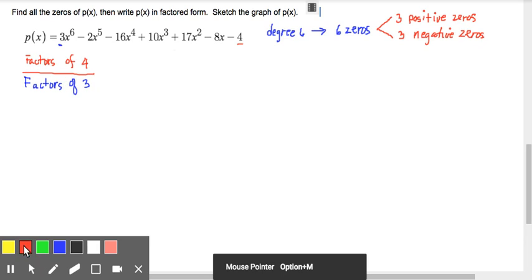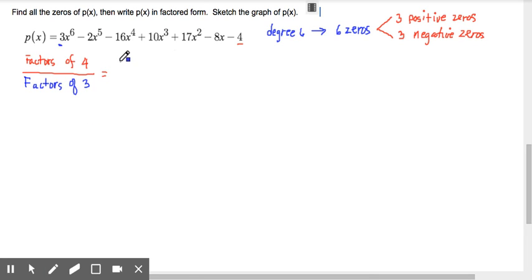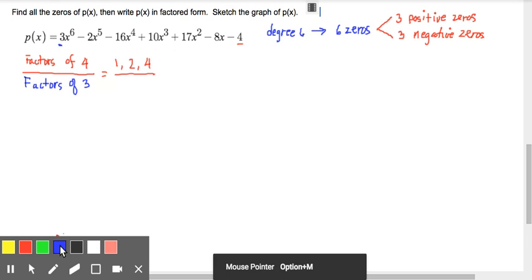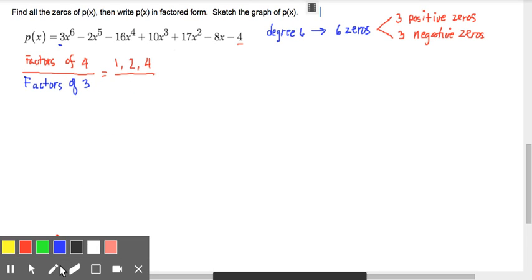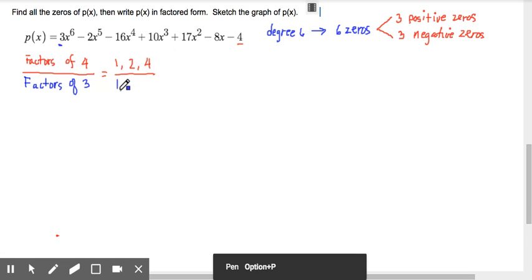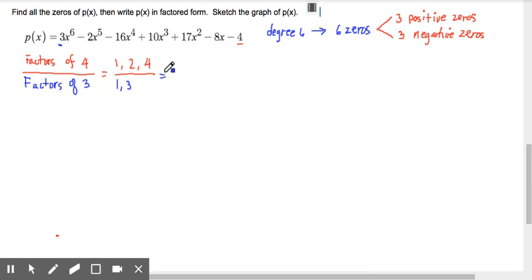Okay. So let's list. Factors of 4 are 1, 2, and 4, while the factors of 3 are 1 and 3. So to generate our list, we will have positive and negative of. So we divide 1 over 1 is 1. That's why we call this a ratio, because that's a fraction. 2 over 1 is 2. 4 over 1 is 4.